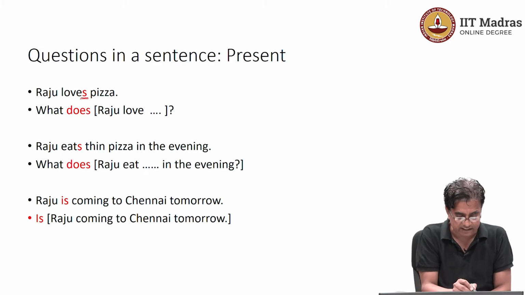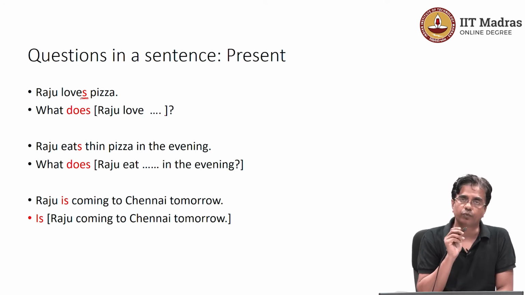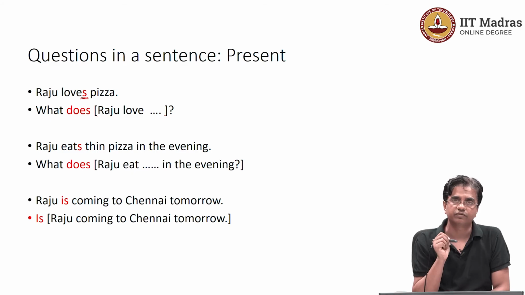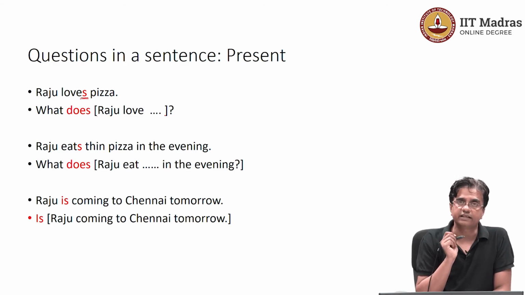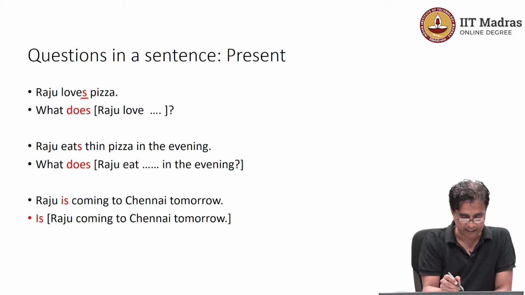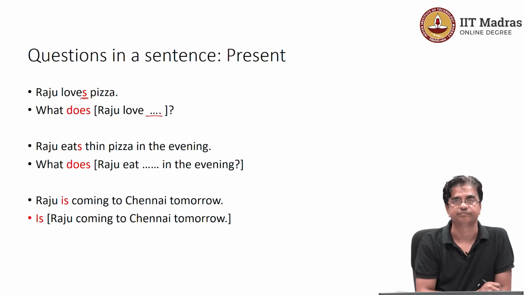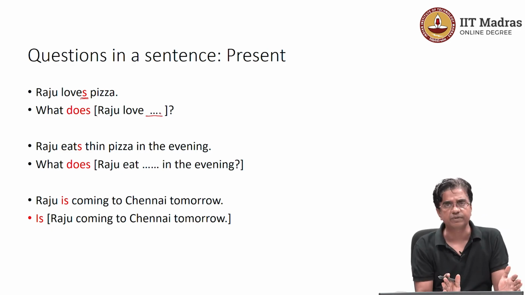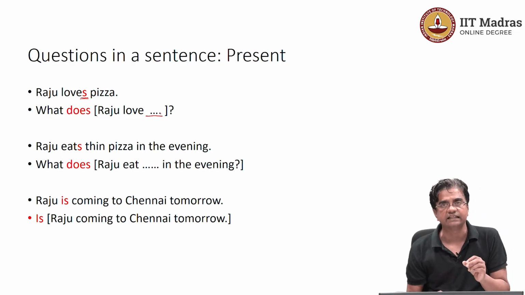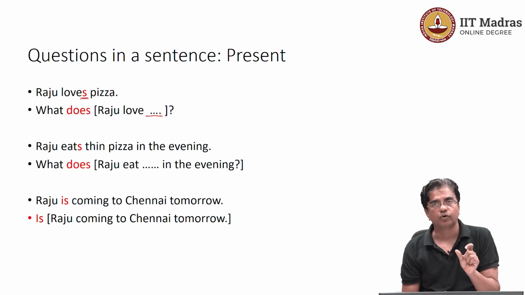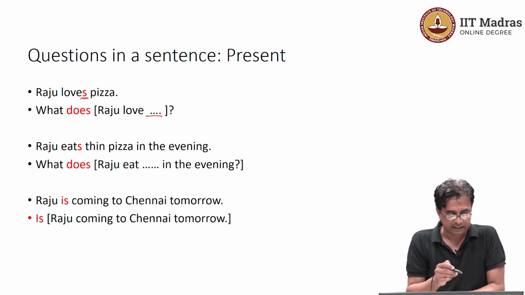This was the sentence, Raju loves pizza. So when we say, what does Raju love? We basically know that the object is being questioned and hence there is no object here. This is an empty place. It's a complete sentence, but I am only indicating the empty part which is not in the sentence.